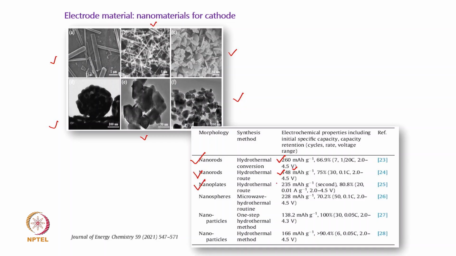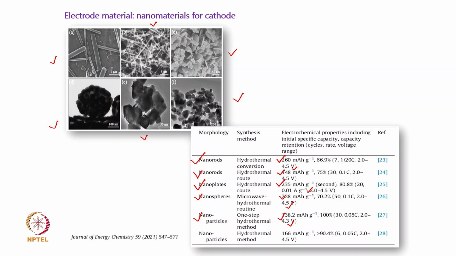Nanoplates have different specific capacity with different voltage. Nanospheres, different specific capacity with different voltage. Okay. Nanoparticles, we can see a lower specific capacity, however the voltage remains almost the same.